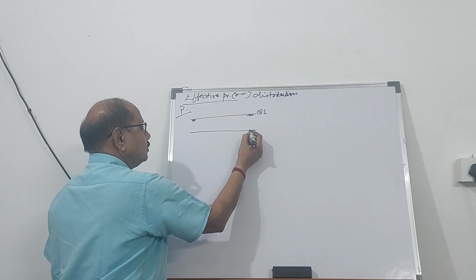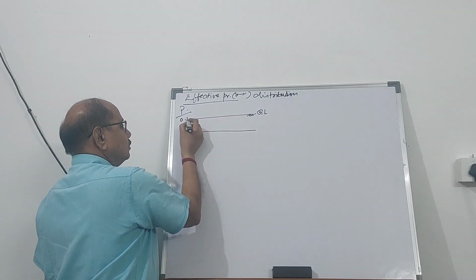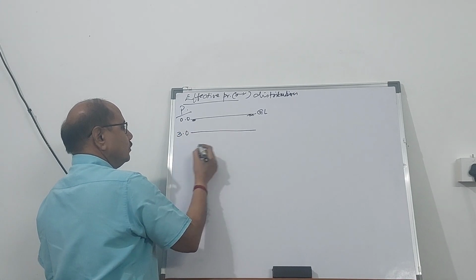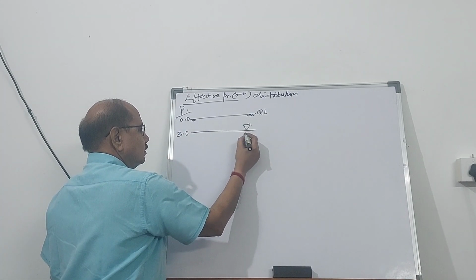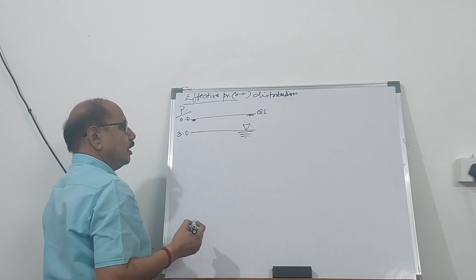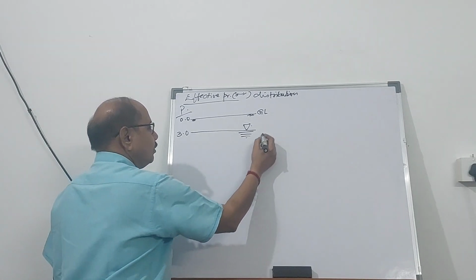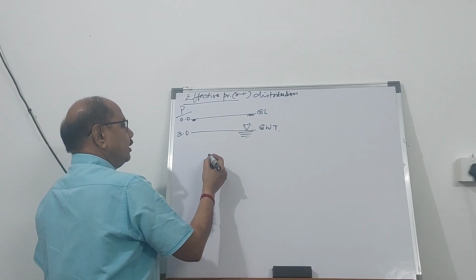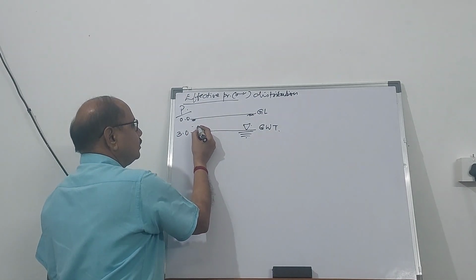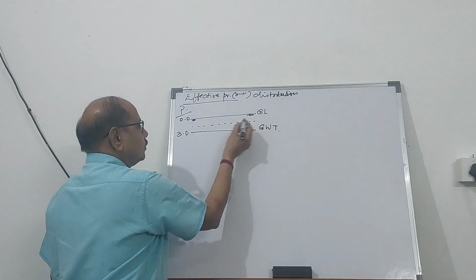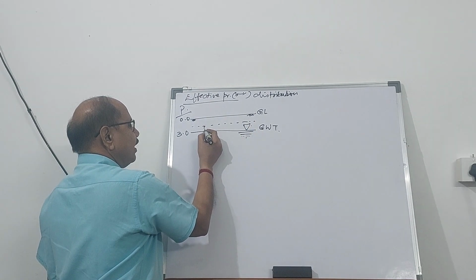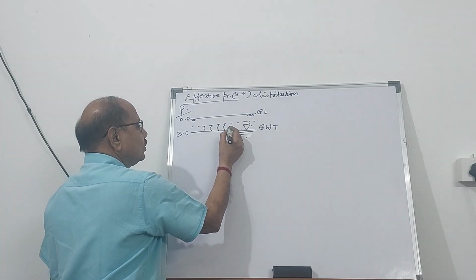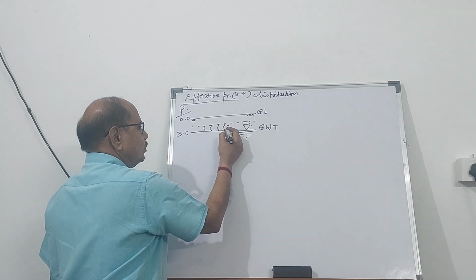and this is 3 meter, and here is the groundwater table, and up to 1 meter, due to capillary effect, the ground becomes saturated.